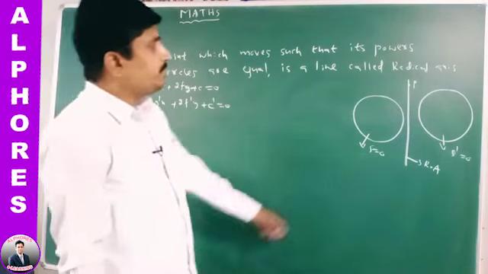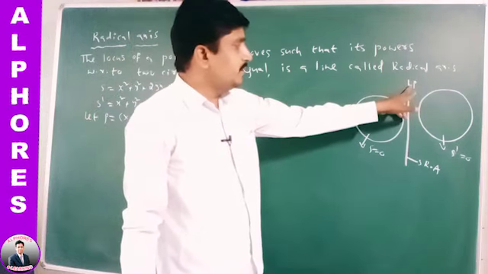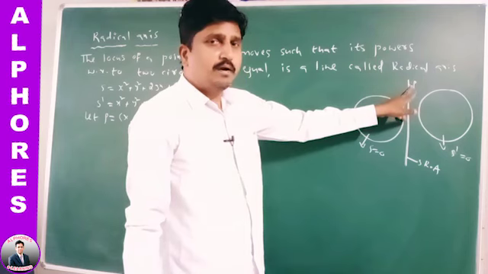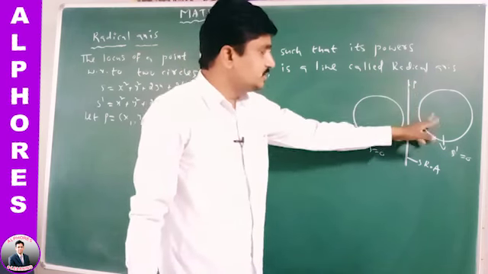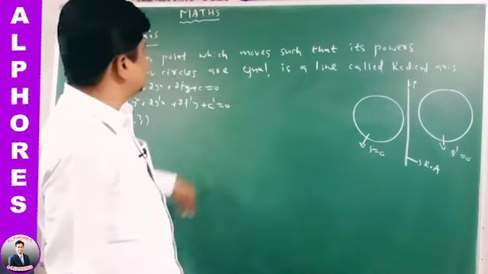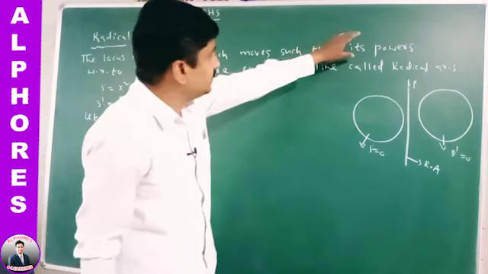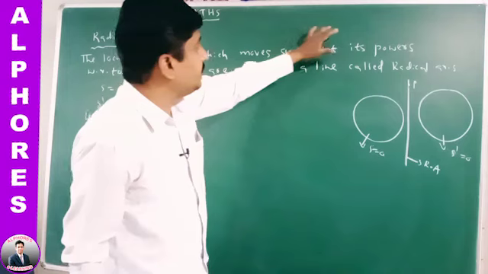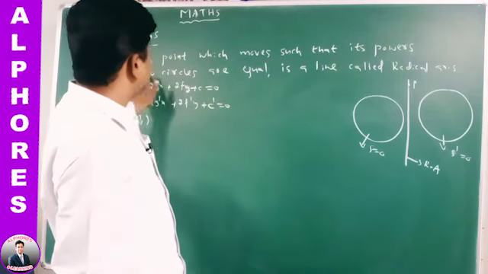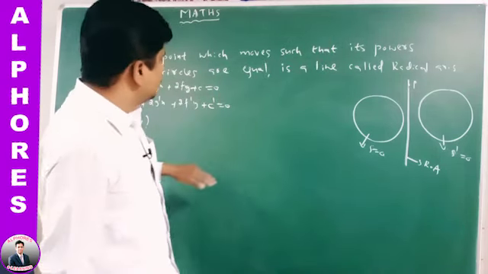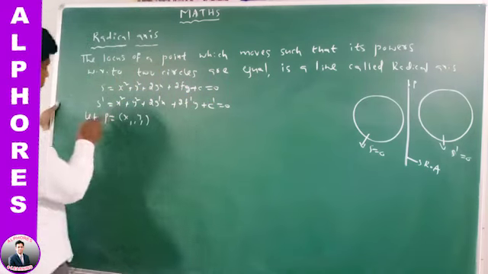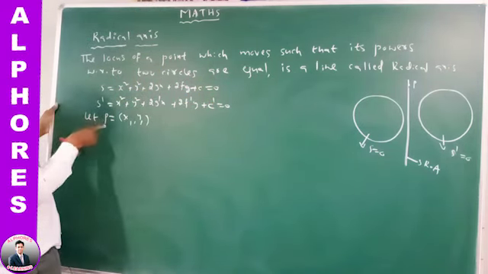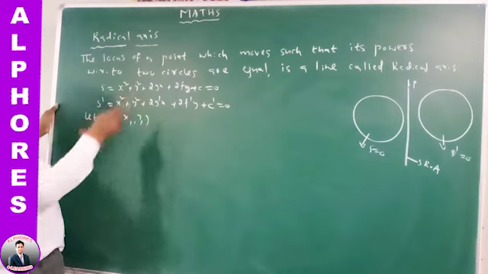Now from the point P, the power of the point P with respect to these two circles is equal according to the definition. The locus of a point which moves such that its powers with respect to the given circles are equal. It means the power of the point P with respect to S equal to 0 and the power of the point P with respect to S dash equal to 0 are equal.